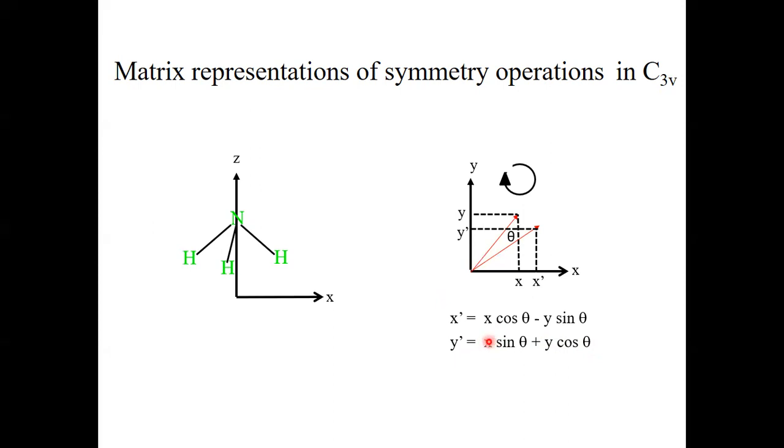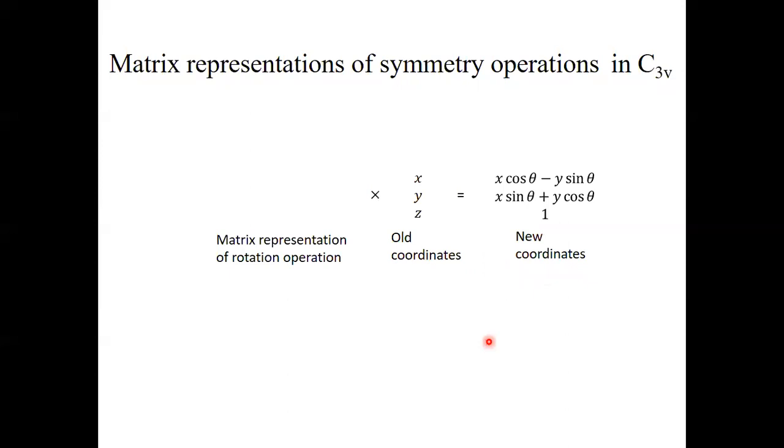So with this knowledge now, we can find the transformation matrix, which is associated with this particular rotation. Okay, so like in the point group C2V and its associated symmetry operations, again, the matrix representation of a general rotation operation must give the new coordinates when multiplied with the old coordinates.